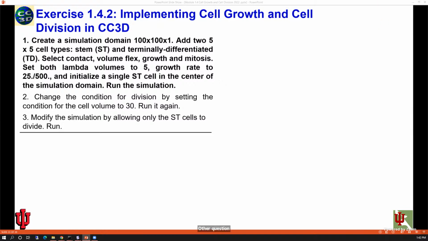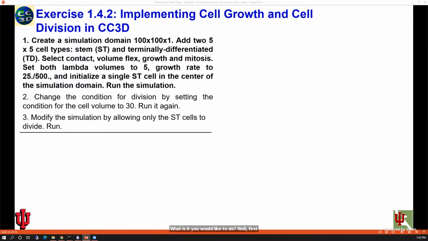There is a question from Norma about whether it's possible to create a new way for a cell to divide. Can you override the cell division function, I think is what she's asking. Norma, do you want to clarify what you mean? Yes, I want to know if it is possible to create another proposal about how a cell is dividing. What would you like to do that's not available now?